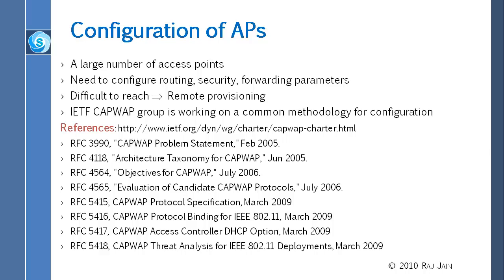So they have a group called CAPWAP. CAPWAP is Control and Provisioning of Wireless Access Points. They started back in 2004 or so, and in 2005 they came out with the first RFC. IETF writes the resulting standards, which are called RFCs. The first RFC came out in 2005, and they're continuing all the way up to 2009.